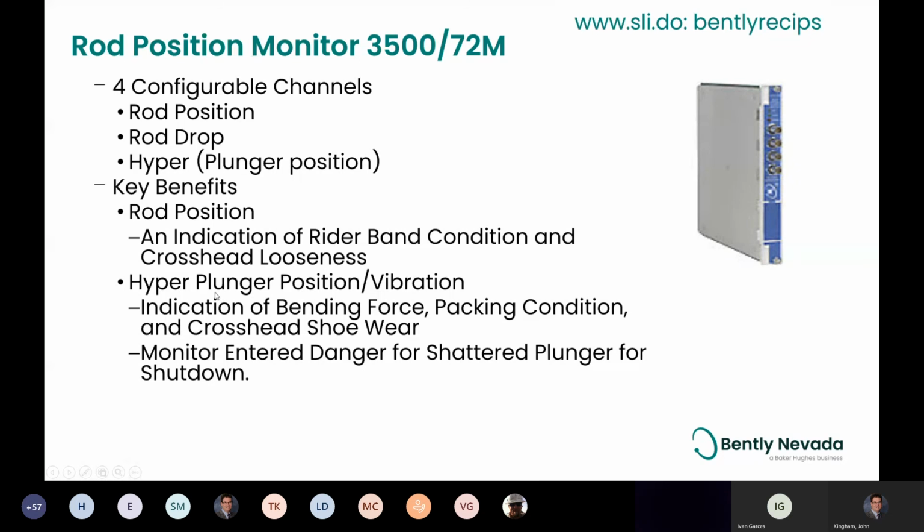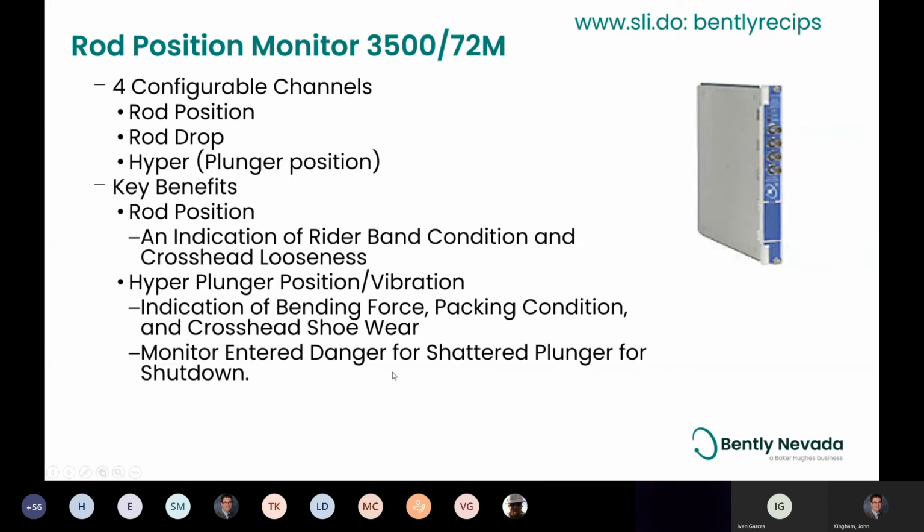With the hyper, those plungers are typically made out of solid tungsten carbide and they're very brittle. So if they're bending, that is not good because of the brittleness. So you'll understand the bending forces, the packing condition, and of course the crosshead shoe wear.